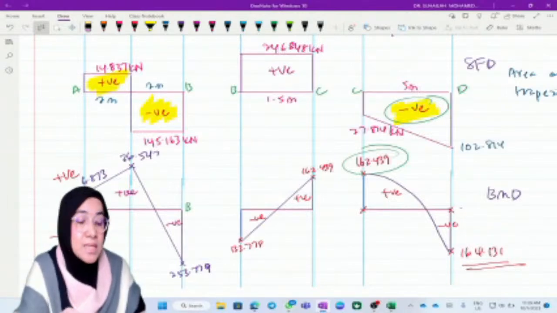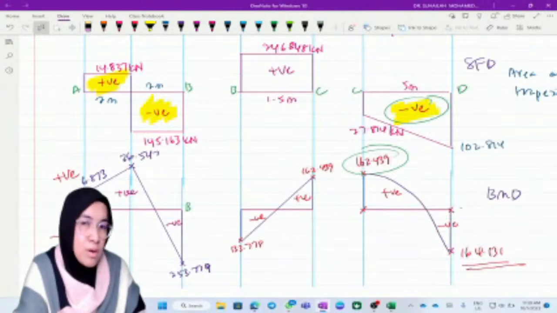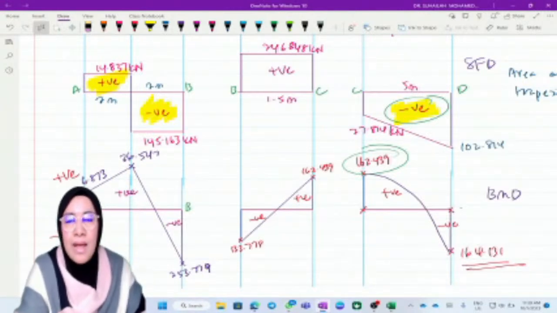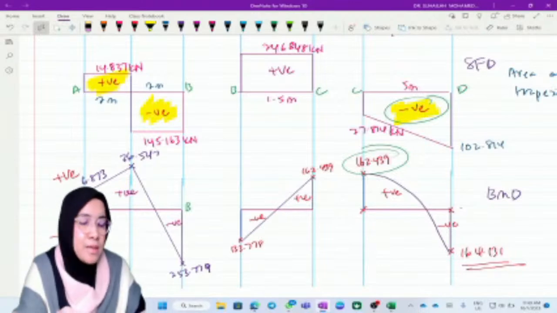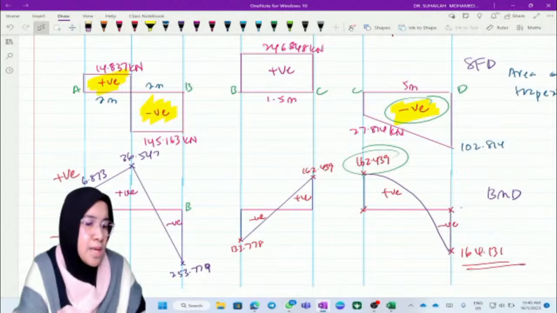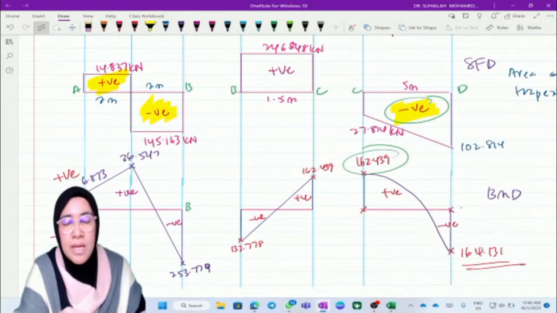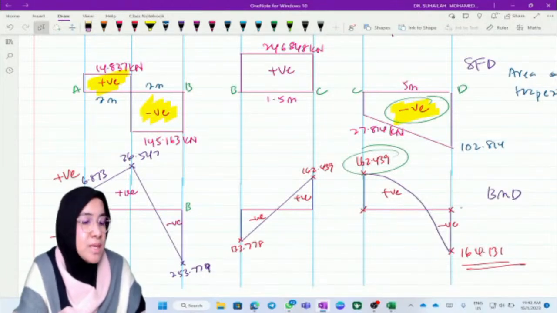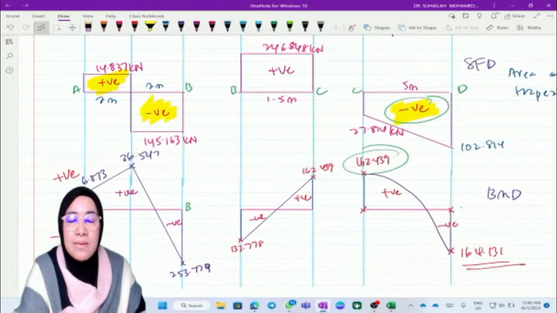Even though we can sketch the first and last point directly, we get the maximum moment and the right shape from the shear force diagram.